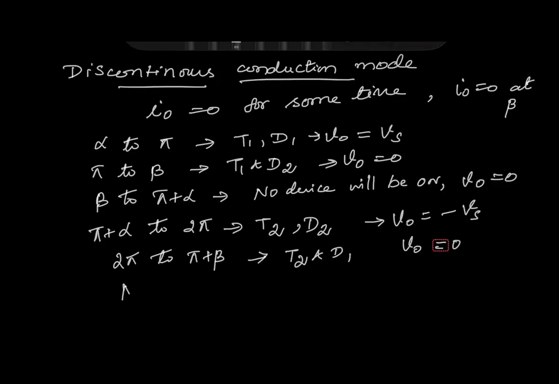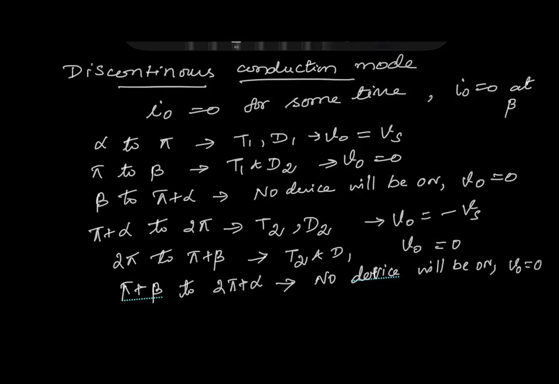Then from pi plus beta to 2 pi plus alpha, no device is on. Hence, V0 will be 0.